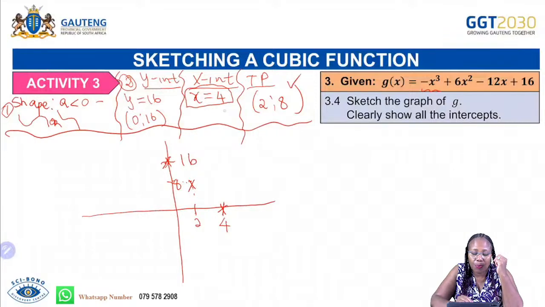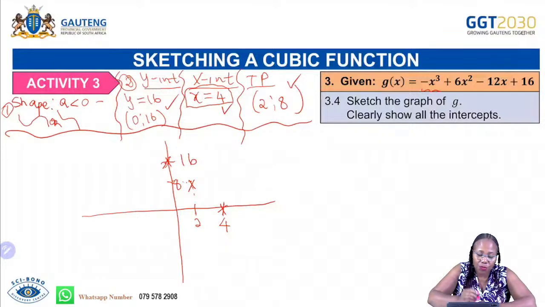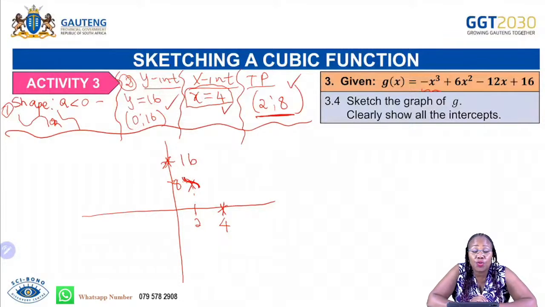Those are the only points that we have. I have indicated everything there. But we know at this point the graph is turning. It's a stationary point at (2; 8). And then this will be the graph that we are having.